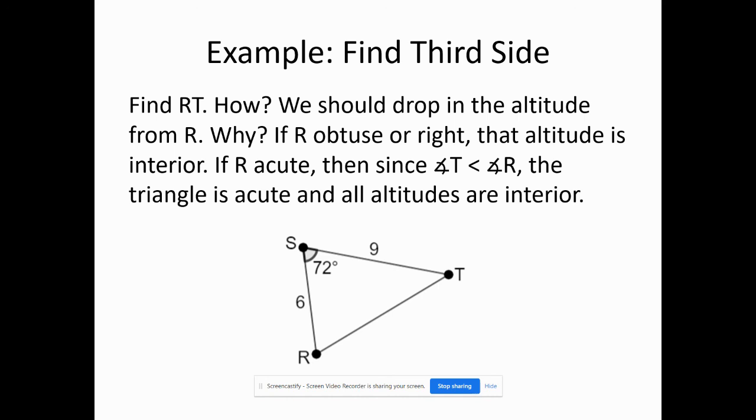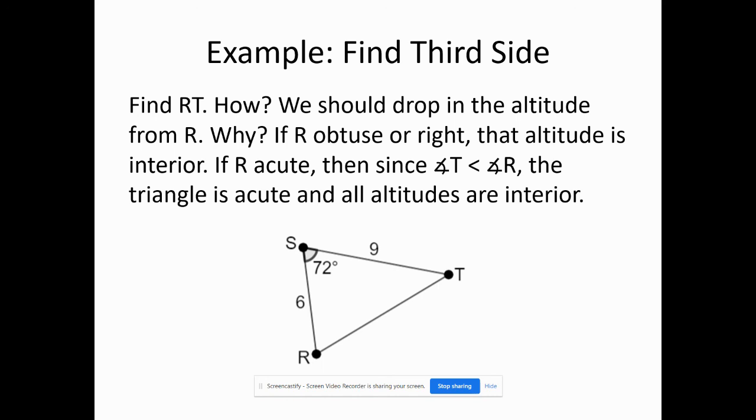That's the right angle, because angle R is opposite the 9 and angle T is opposite the 6. So angle R has to be greater than angle T, and I already know that angle S is 72 degrees. So if this is a right triangle, I don't think it is, but if it were, angle R would be the right angle. And the altitude from the right angle is on the inside.